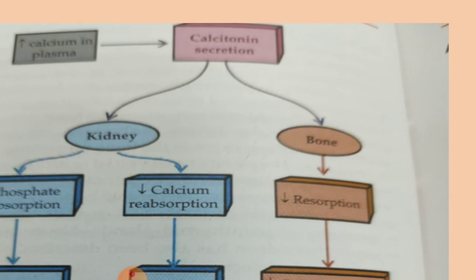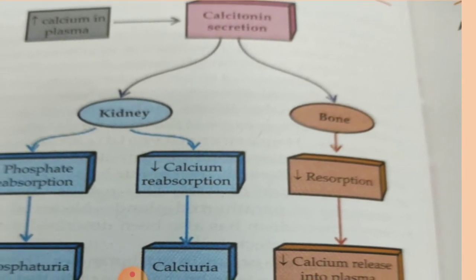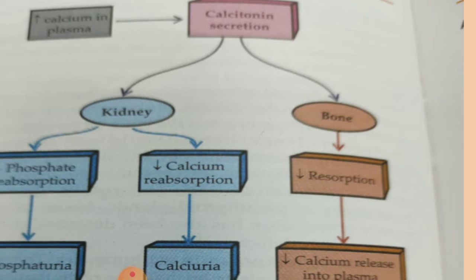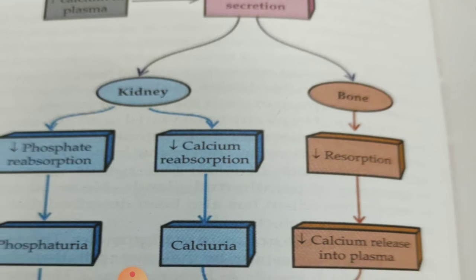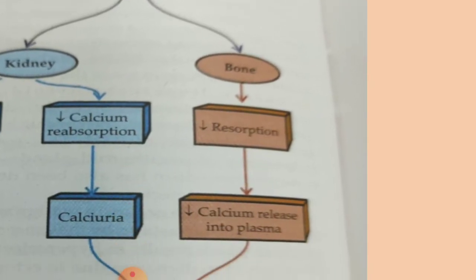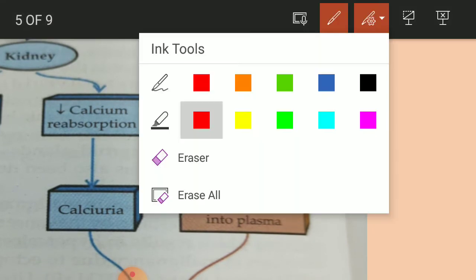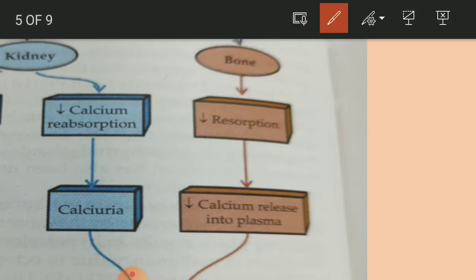Here in this flow chart, I have shown you how the calcitonin actually exerts its action. Whenever being secreted by increased blood calcium level, calcitonin comes in the circulation, it exerts its action on bone as well as on kidney. On the bone, calcitonin mainly acts on the osteoclasts and reduces its activity, and thereby bone resorption gets reduced.